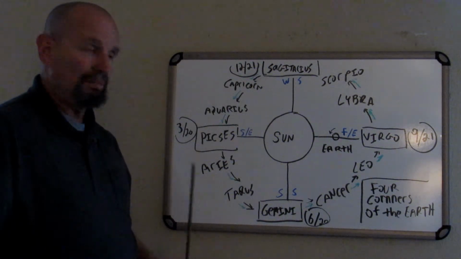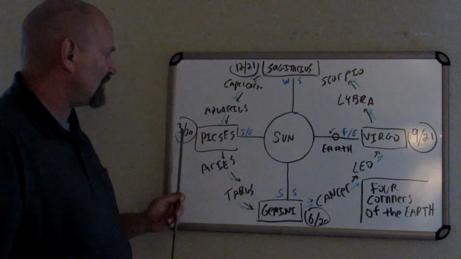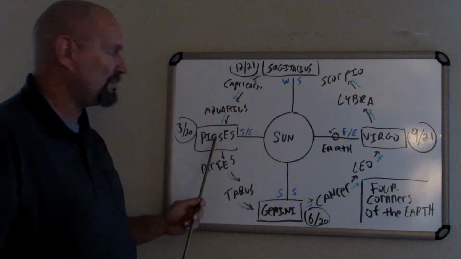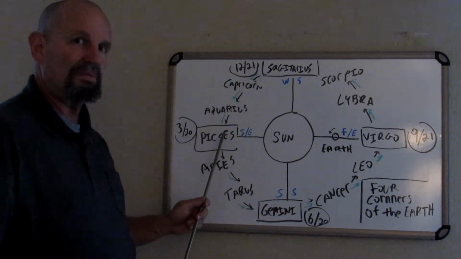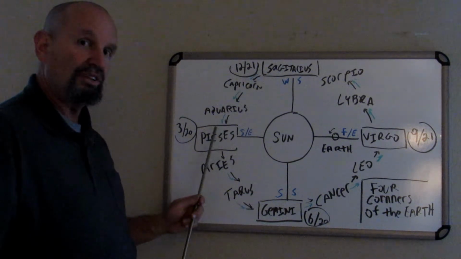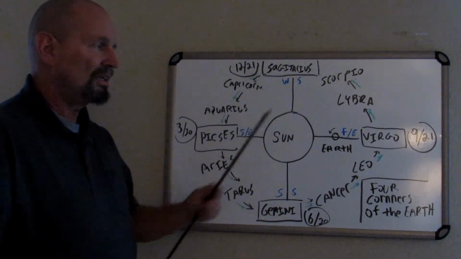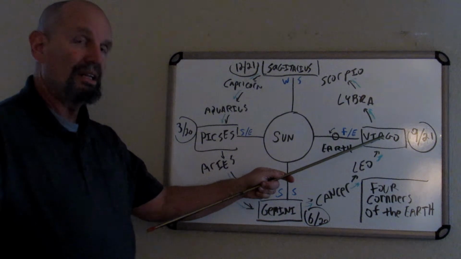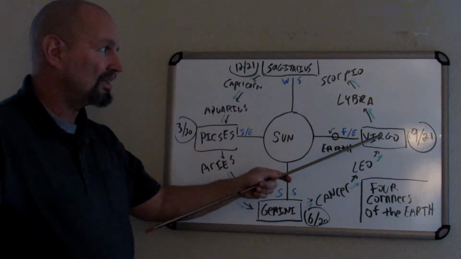What is interesting about this is that on 3/20, which is the first day of spring, the sun rises in Pisces. While the sun is rising in Pisces in the east, the constellation Virgo is setting in the west.